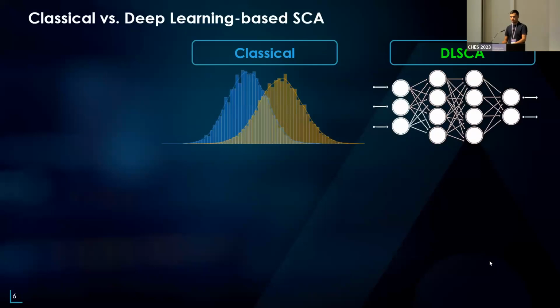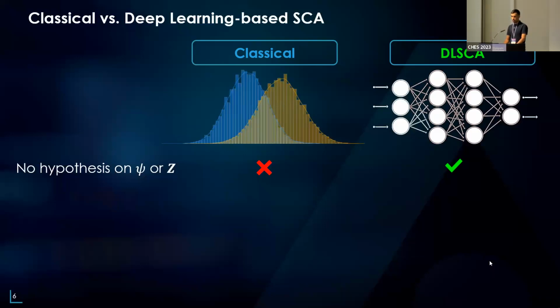First, if we look at the assumptions needed, deep learning SideChannel attacks, or DLSCA, seem more appropriate because no assumptions are required on the leakage model or on the physical noise, while the classical template scenario requires, for example, an assumption that the noise follows a Gaussian distribution.